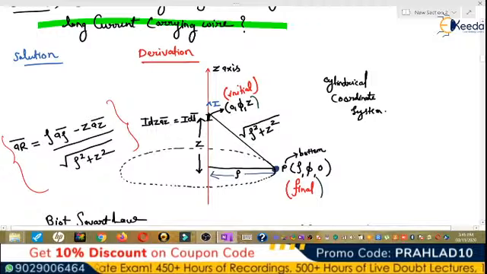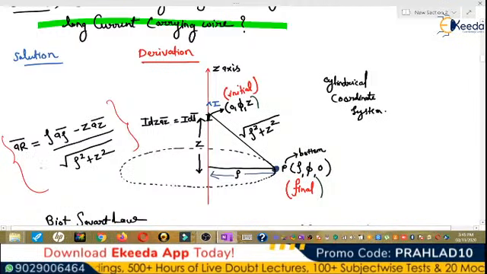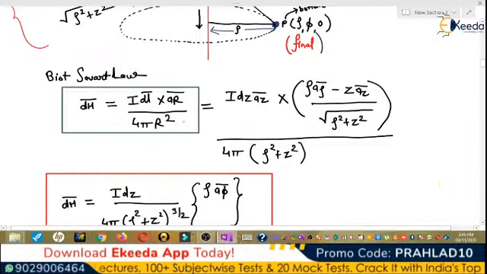So the distance between these 2 points is the square root of rho square plus z square, and the unit vector aR is rho a rho minus z az divided by the square root of rho square plus z square. According to Biot-Savart law, dH vector is I dl vector cross aR vector by 4 pi r square.